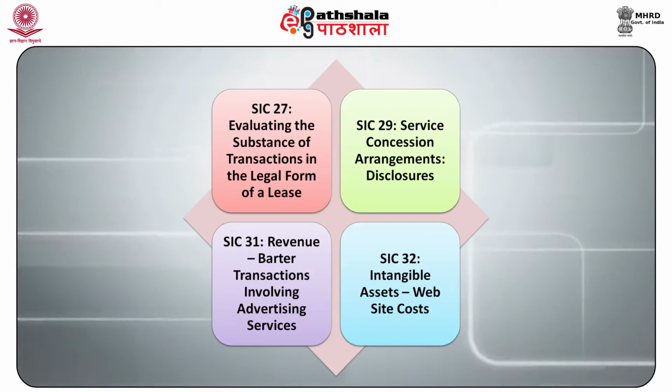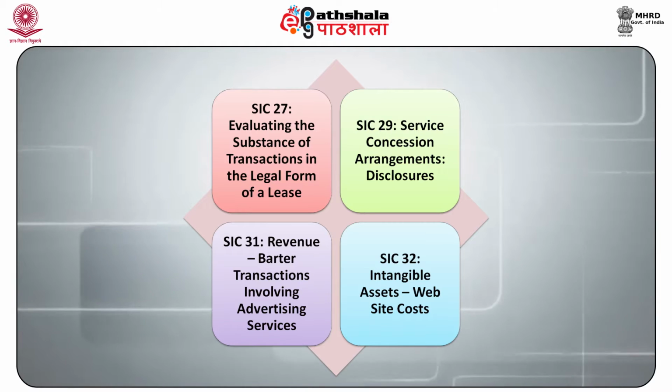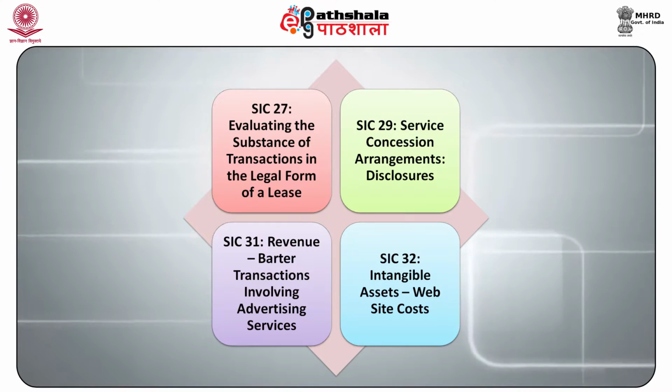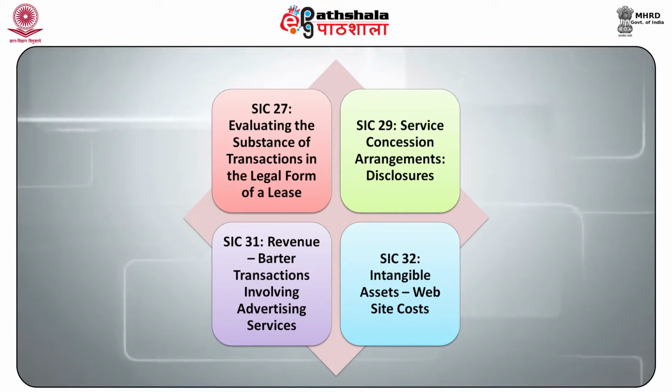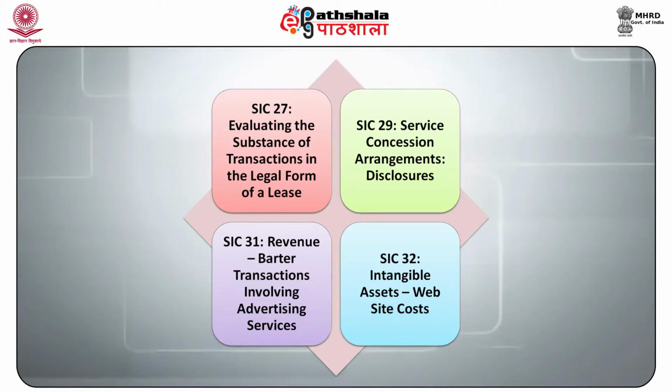SIC 25, Income taxes: changes in the tax status of an entity or its shareholders. SIC 27, Evaluating the substance of transactions involving the legal form of a lease. SIC 29, Service concession arrangements: disclosures. SIC 31, Revenue: barter transactions involving advertising services.